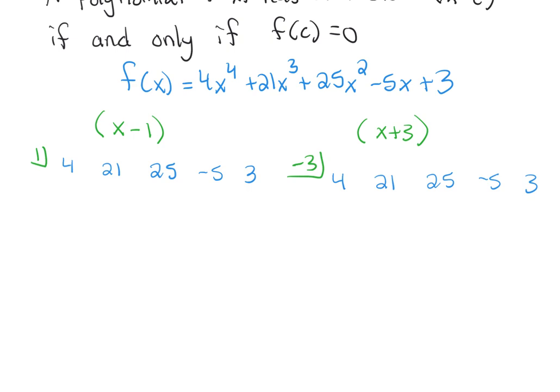Okay, so setting up the coefficients for the synthetic division, let's first test the factor x minus 1. Bring down the 4. 1 times 4 is 4, and then add 25.